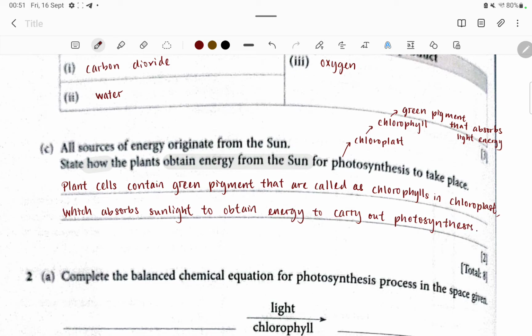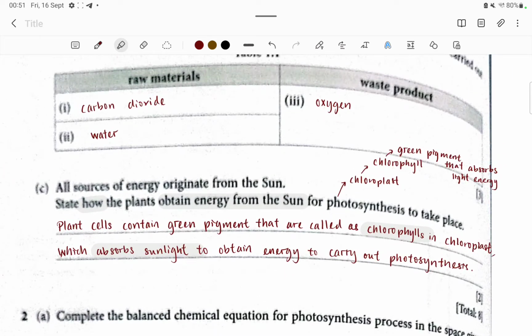Okay, so the points will be at chlorophylls, must write. And then after that, absorb sunlight. But other than that, you also need to write. But the must-write words are chloroplast, chlorophylls and absorb sunlight. So that is all for number 1.